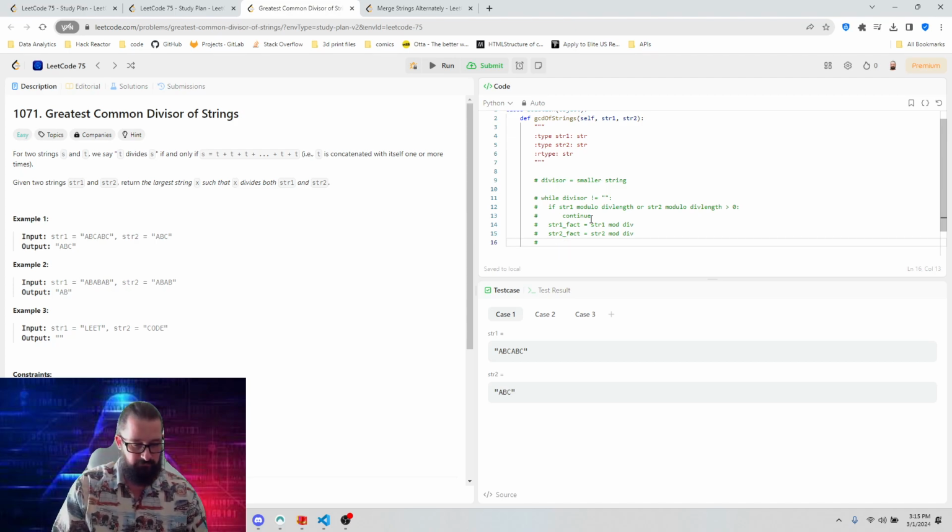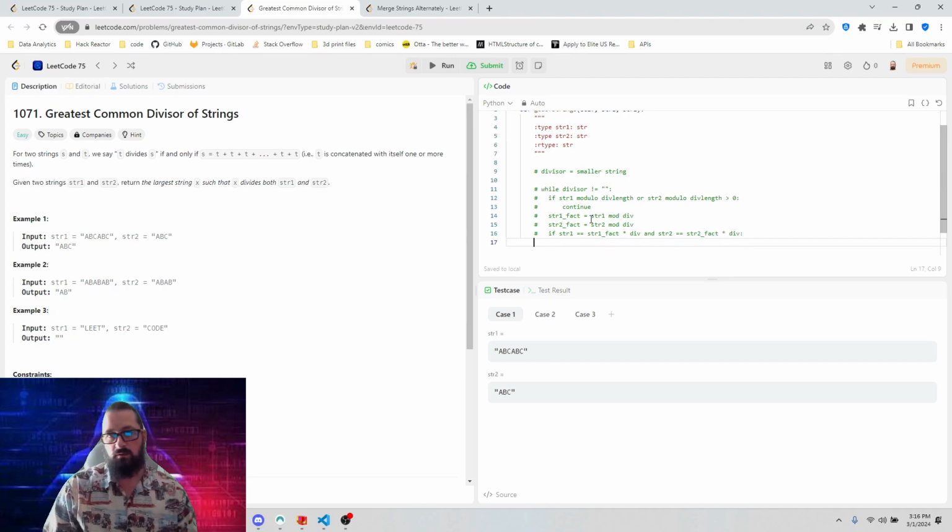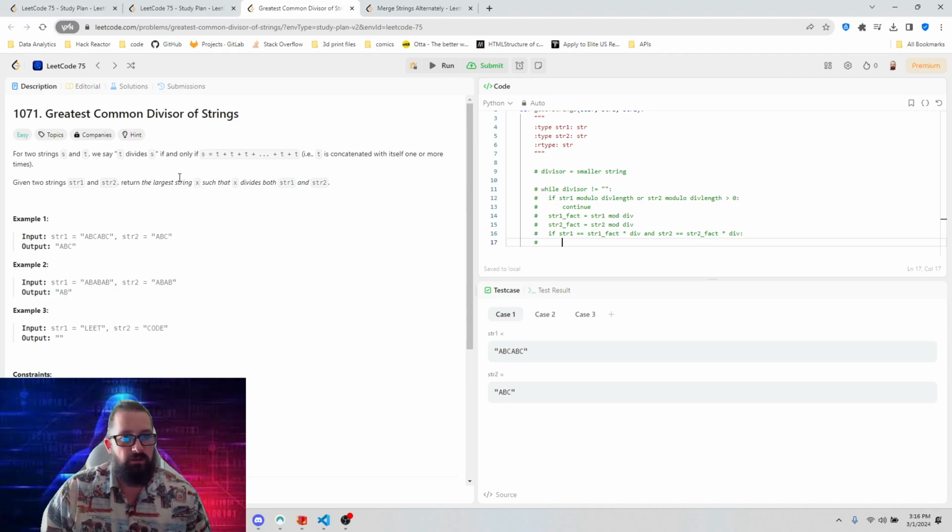So if string 1 is equal to string 1 factor times div, and also string 2 is equal to string 2 factor times div, then we've found the greatest common divisor, and that's what we return is div.